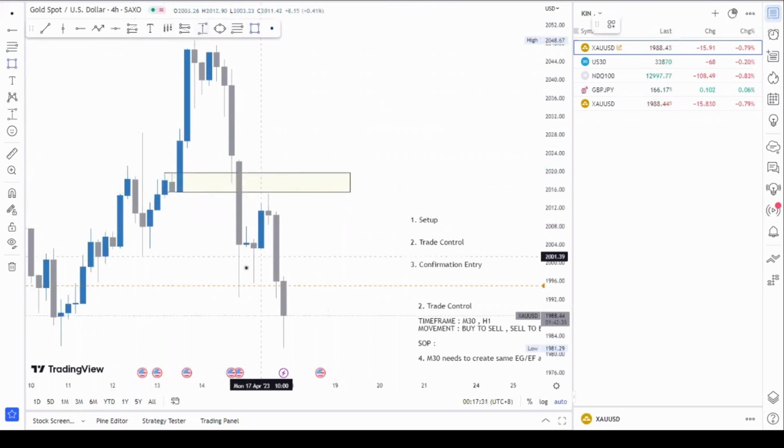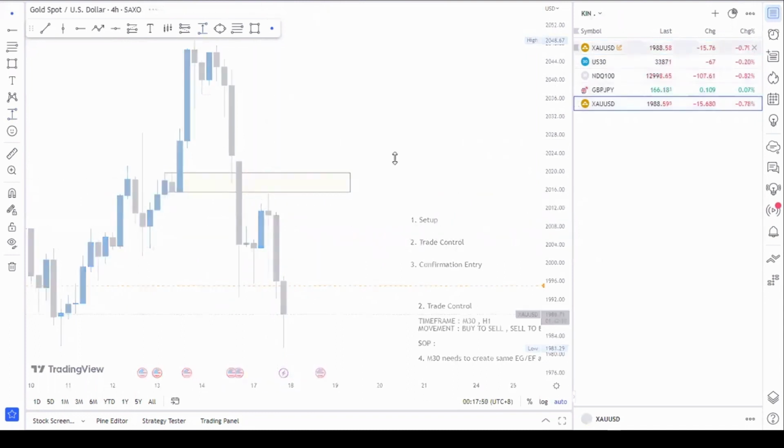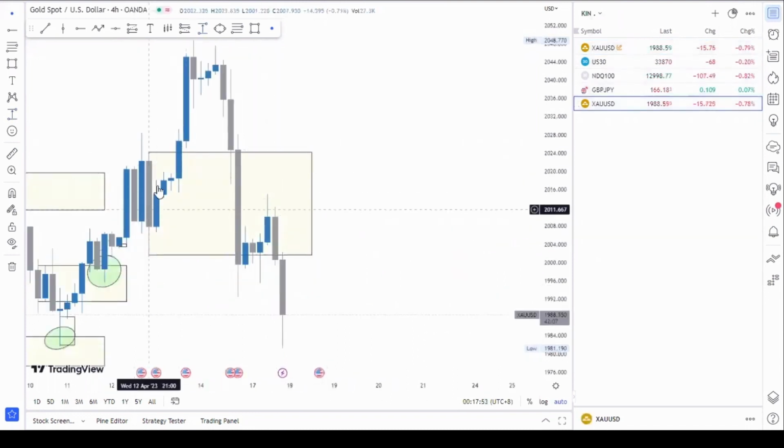So I bought here and held it to make sure it reached this zone, because around here there is EF on M30. I was very confident that the price was going to go up until here for about 200 pips, but it went down like crazy.